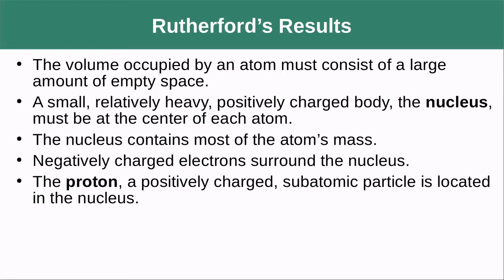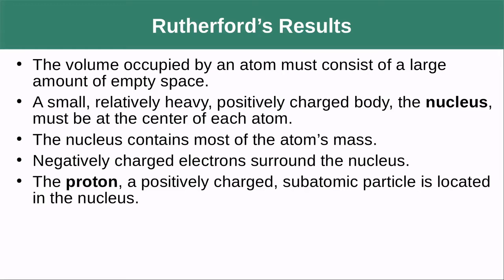He decided that there was a small, relatively heavy, positively charged body that was able to deflect, or in some cases even cause the alpha particles to bounce off. He coined the term nucleus, and he said that this would be at the center of the atom, much like the sun is at the center of the solar system.